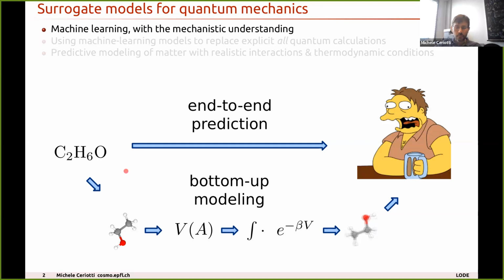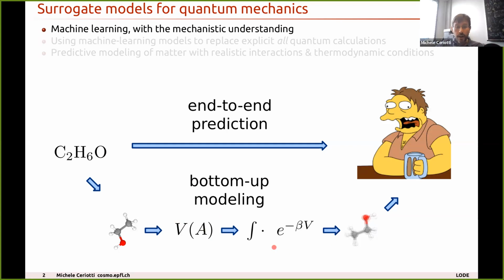What we are interested in doing is something which is much closer to a physical modeling of matter. The idea is that we go through a chain of modeling steps in which we describe a molecule as a collection of atoms. We compute properties for this collection of atoms, for example, the interatomic potential that tells us how stable that specific configuration is.